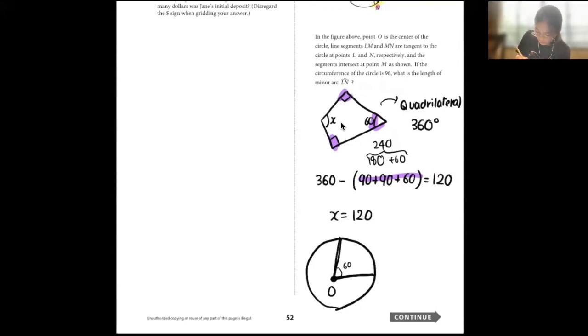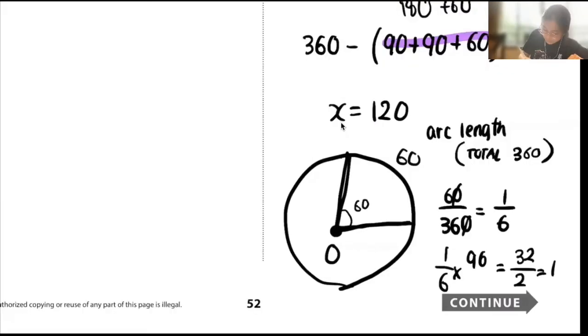The arc is going to be the same. The arc length, so if it's 60, it's going to be 60 out of 360 degrees. That's not the actual circumference measure. So from there, we know that this is 120. So this arc length is going to be 120 out of 360 degrees.